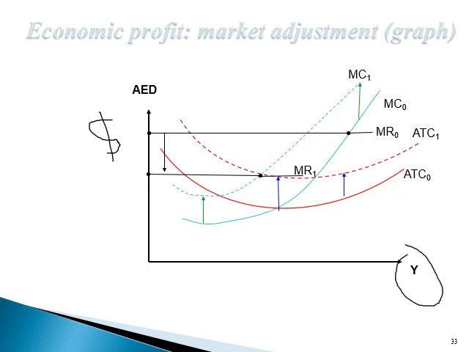For example, we have two producers here, the red producer and the blue producer. The average total cost curve for the red producer. Which one is more efficient, the red producer or the blue producer?